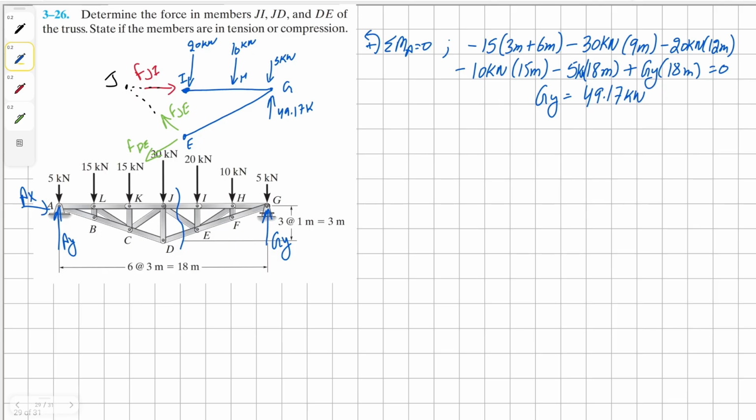And before we proceed, we also need to find our angles here so that we don't have to worry about them later on. So our first angle will be angle theta, which is going to be tan inverse of 1 meter divided by 3 meters. This comes up to be 18.43 degrees.